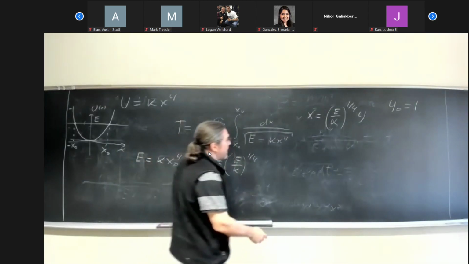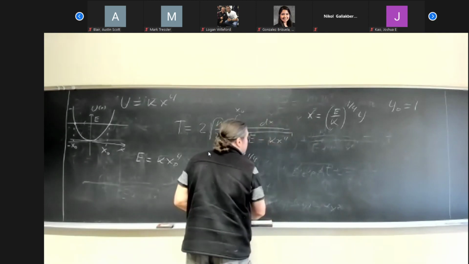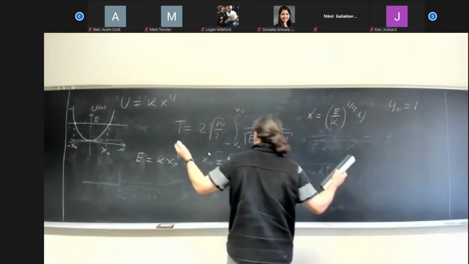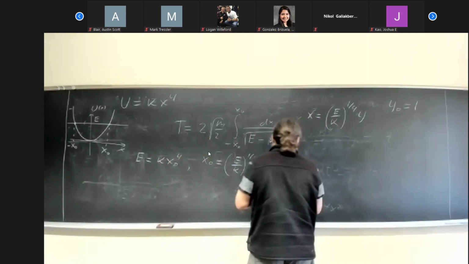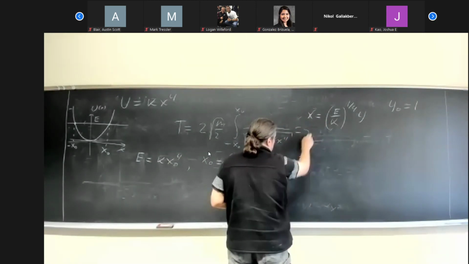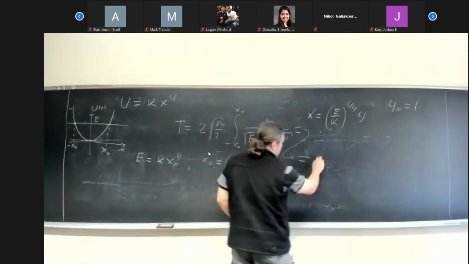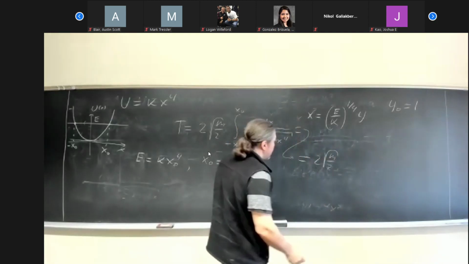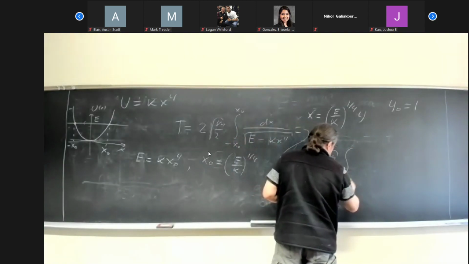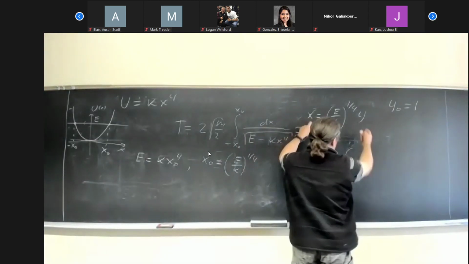So what I have now after the substitution, let me write it somewhere here. I have 2m divided by 2, square root, and then I have the integral from -1 to 1. And now instead of dx, I need to substitute the differential of this one.